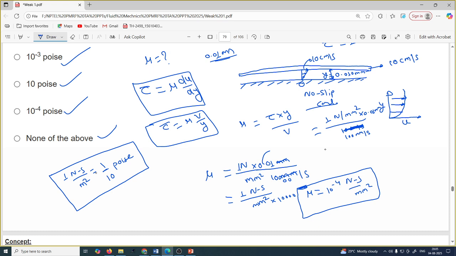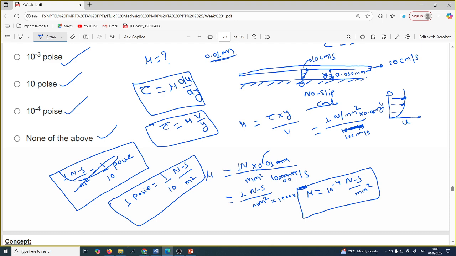It is just the opposite relation. 1 poise is equal to 1 by 10 Newton second per meter square.